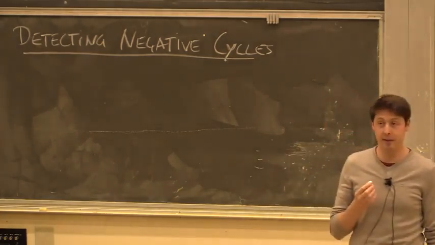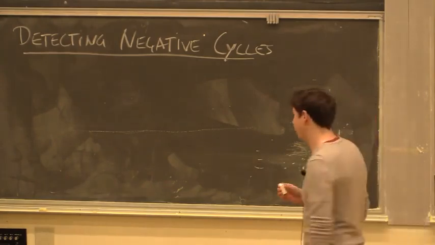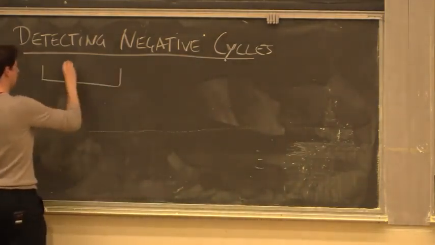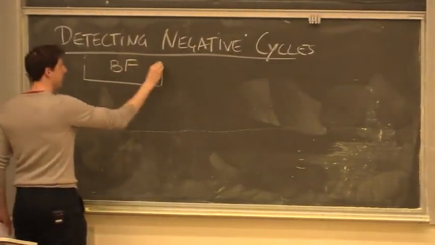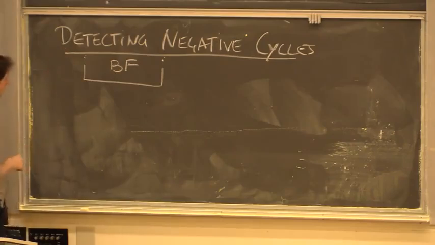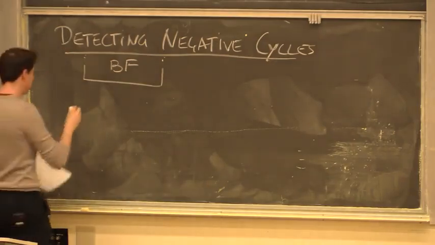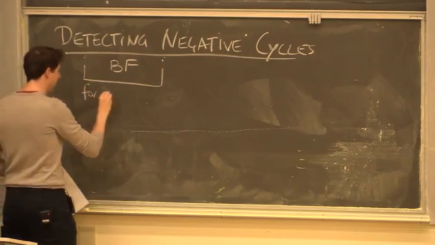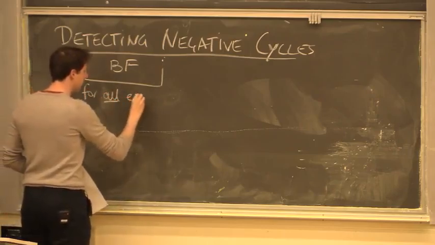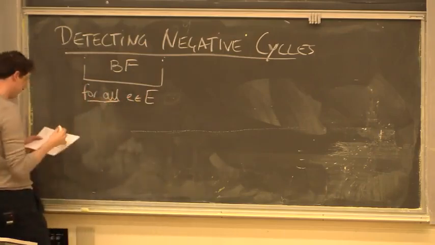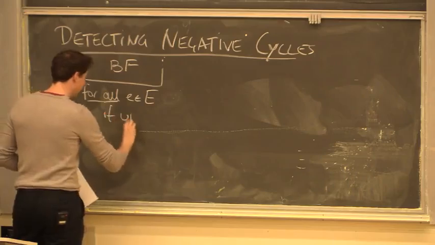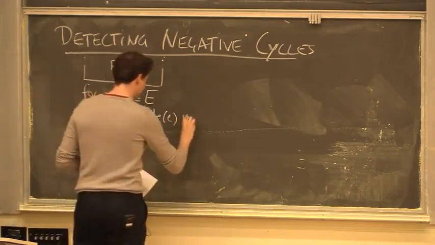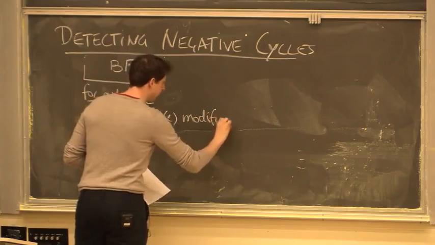That's the algorithm. Run Bellman-Ford, and then one additional iteration. So here's kind of what I mean. So you run Bellman-Ford. Okay, so you can update all the edges v-1 times. Now, in addition to that, you tack on an additional iteration. It says for all edges E in the edge set, if update E modifies distance, modifies anything.